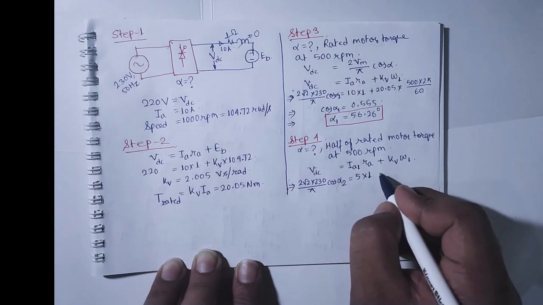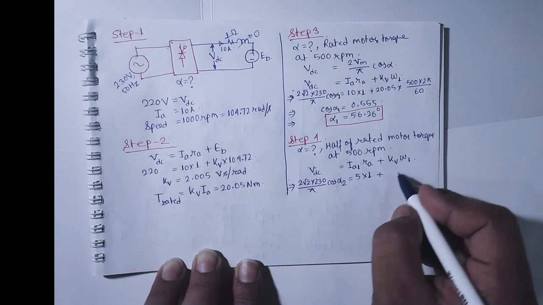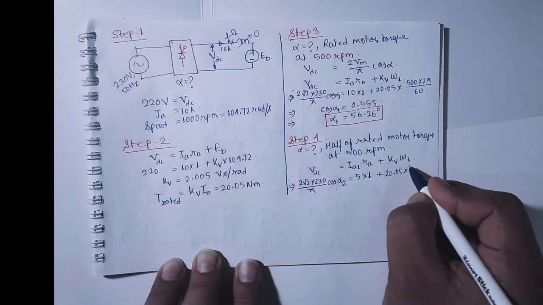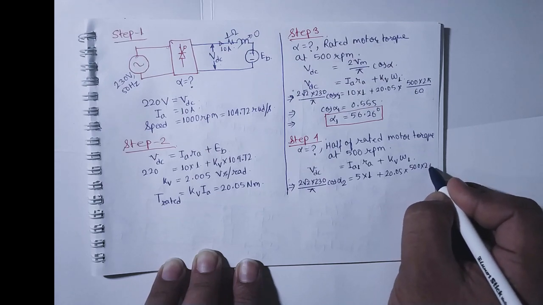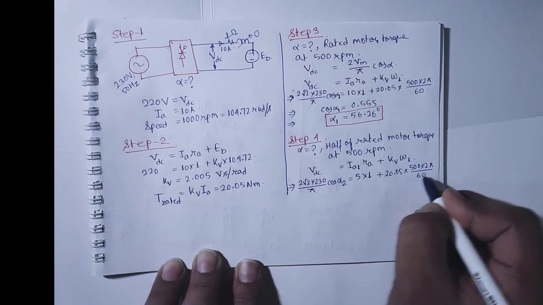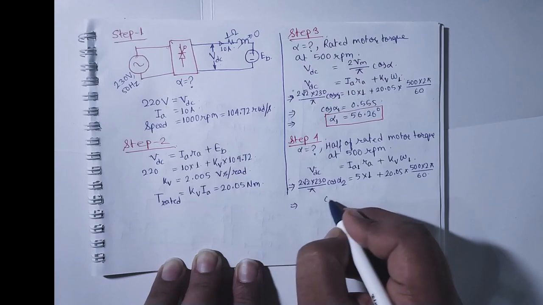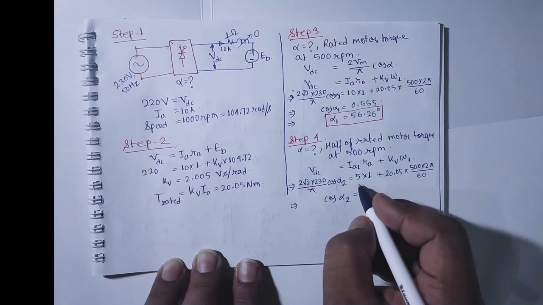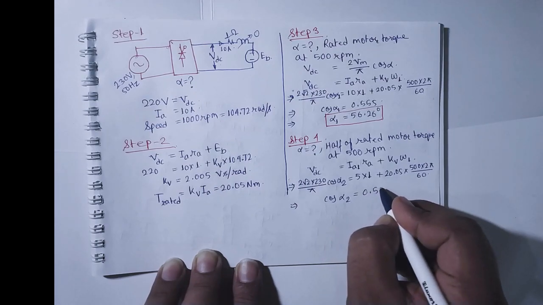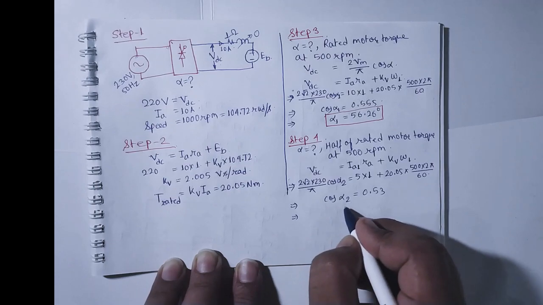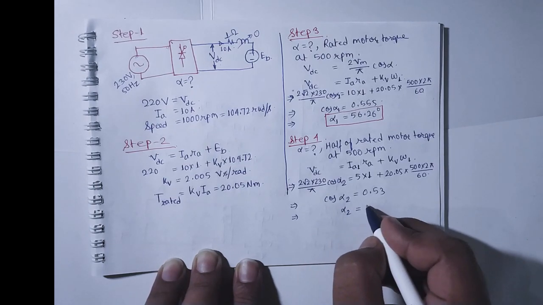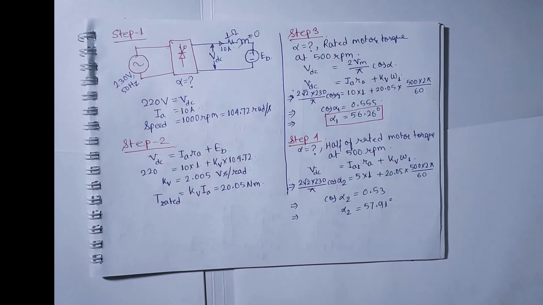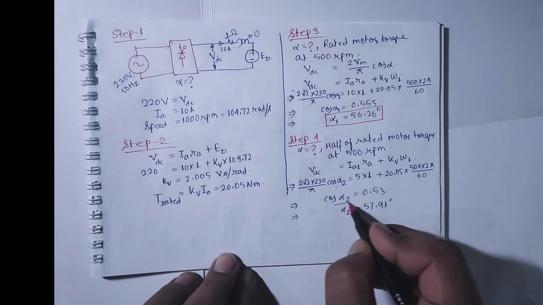Now this kV into omega 1 will be 2.005 into 500 into 2 pi by 60. So if you calculate from here, you will get cos alpha 2 equals 0.53, from where you will get alpha 2 equal to 57.91 degree. So this is our answer 2.